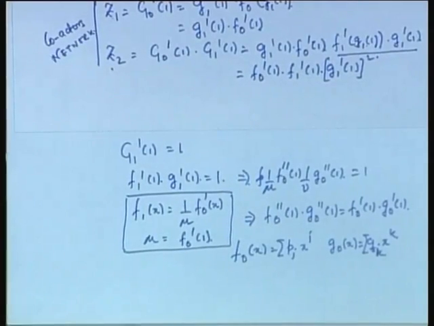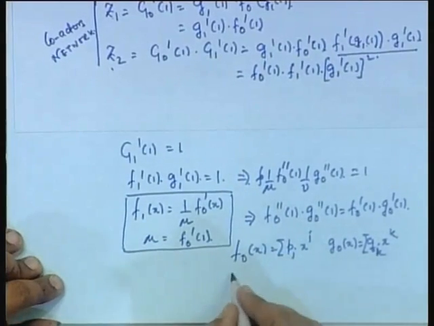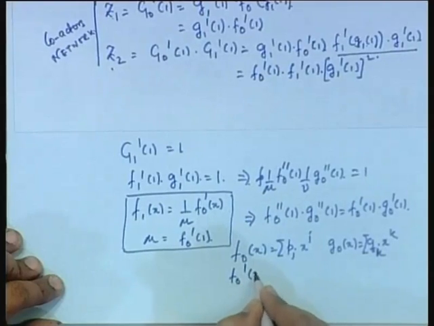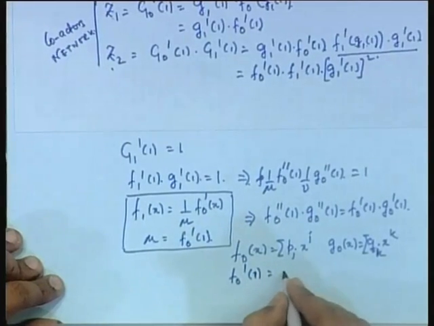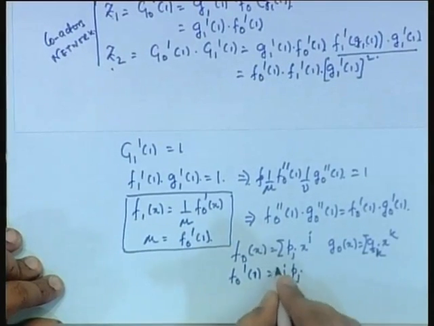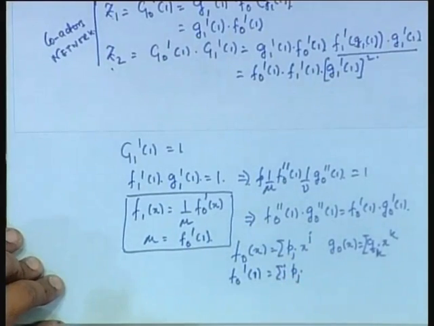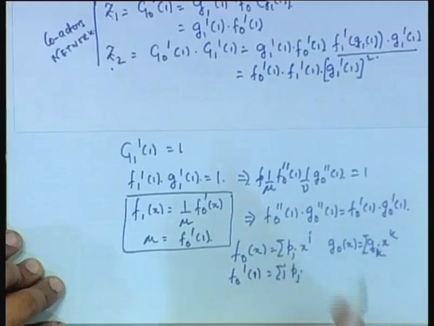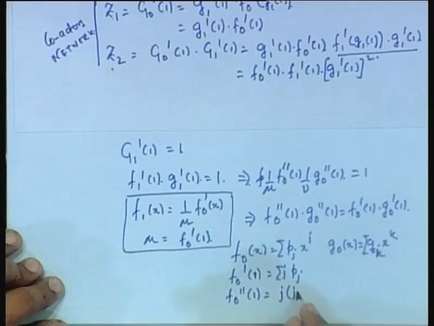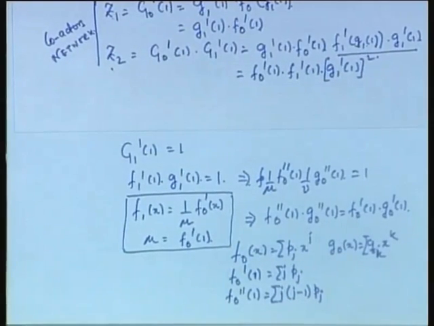Let us do the differentiation quickly. F0 dash 1 will give us the summation of j Pj, and F0 double dash 1 will give us the summation of j into j minus 1 Pj.